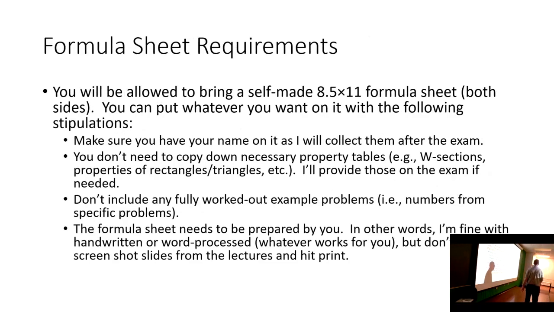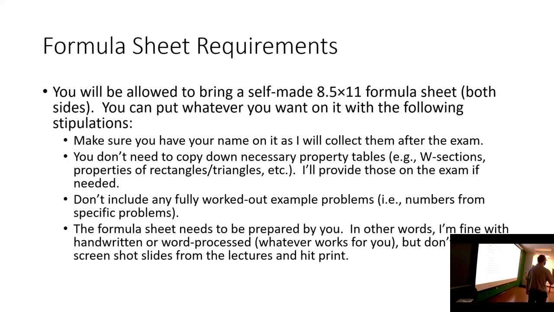The same rules on the formula sheets. I have a note here, and this doesn't really apply to this exam, but it definitely will apply to exam 3. We just finished a lecture that's related to exam 3 on centroids. And when we start actually getting back into centroids, we're going to need a lot of references in the textbook, like the centroid of a triangle and the centroid of a semicircle and all of that.